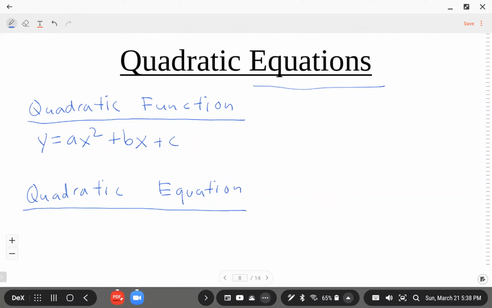And a quadratic equation is going to be ax squared plus bx plus c equals 0. They're different. Quadratic functions, you can graph them. They really can't be solved because there's two variables and only one equation. You can't solve that, even with systems of equations. You're not supposed to solve them. You're supposed to graph them.